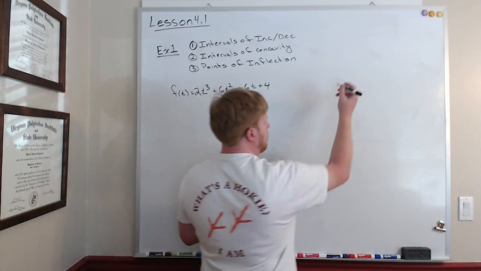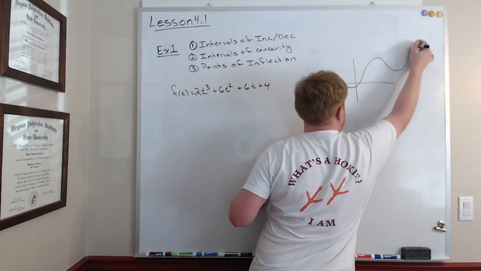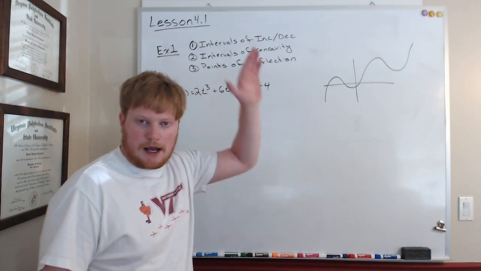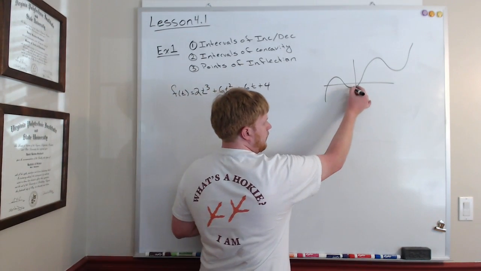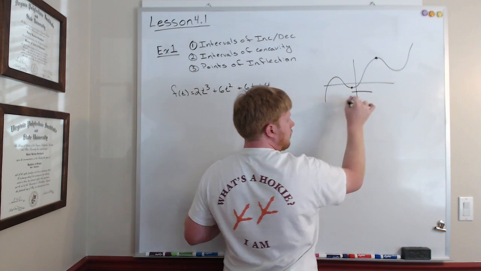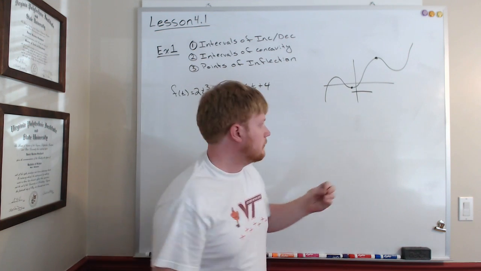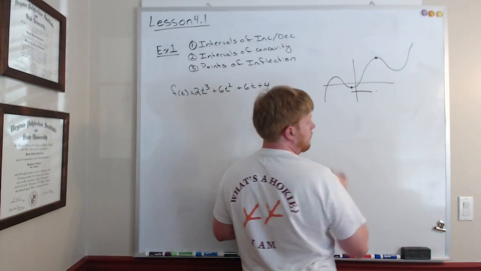Let's think about what a polynomial graph looks like. Okay, it's got these hills and valleys. It's got these peaks and valleys, and the function is increasing from a minimum to a maximum, and decreasing from a maximum to a minimum.